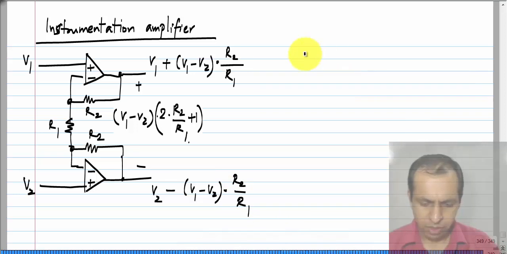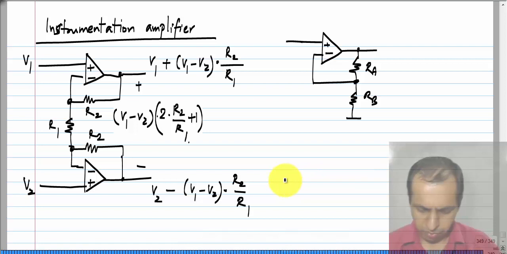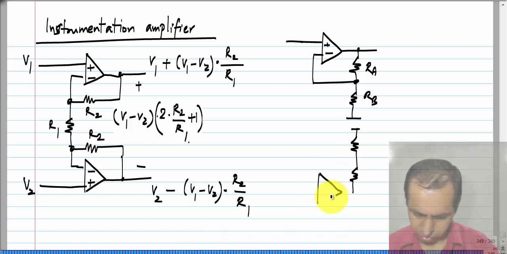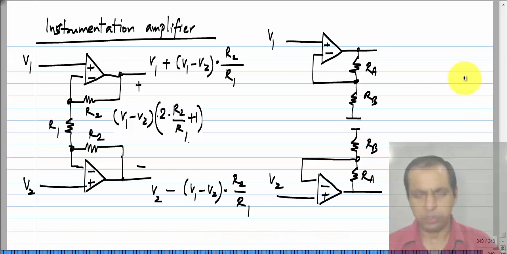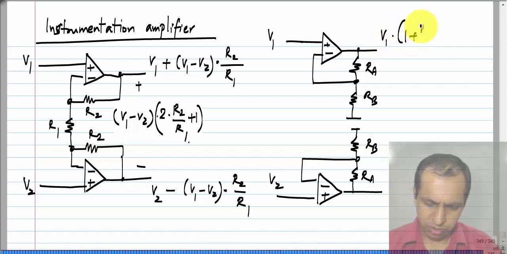Now, if we have two input voltages, we can think of using two separate non-inverting amplifiers. I will replicate the exact same circuit on the other side. If we do this, what happens is the individual outputs will be V1 times 1 plus RA by RB.